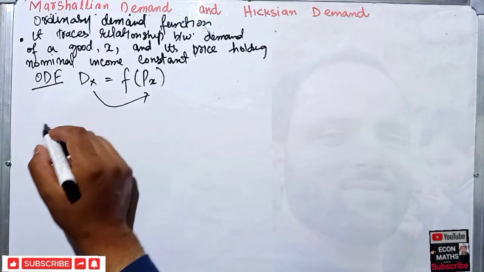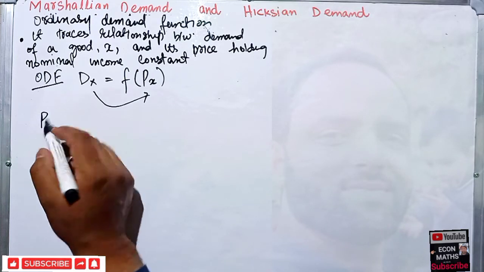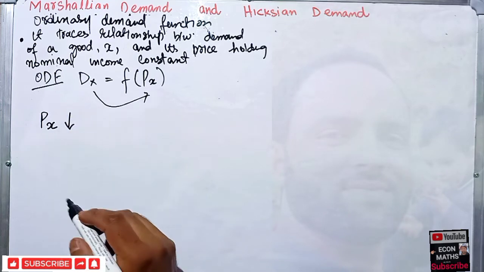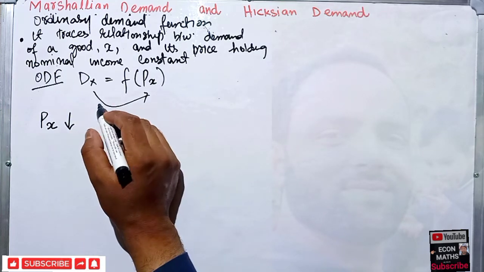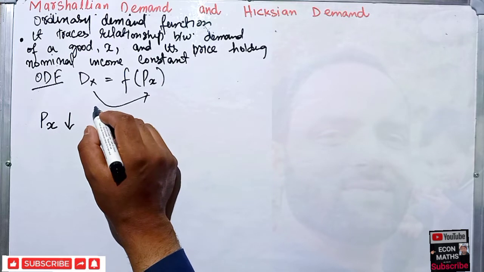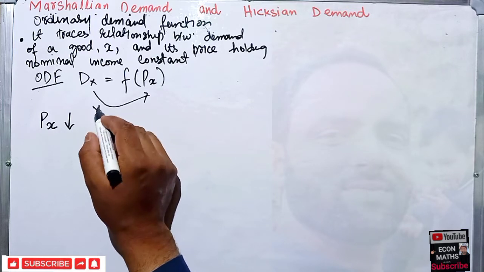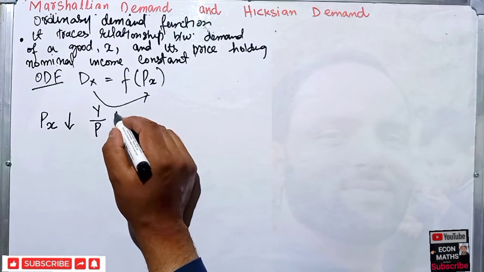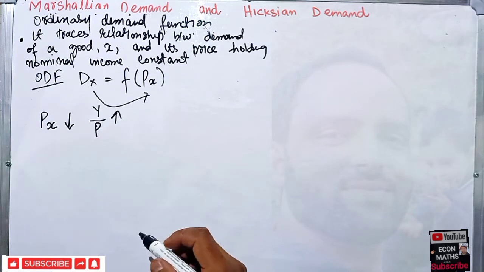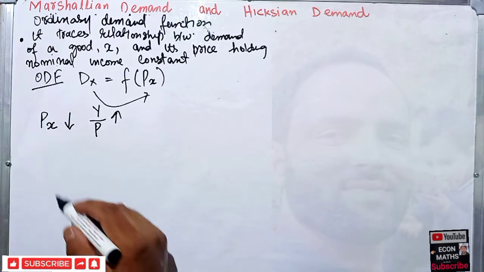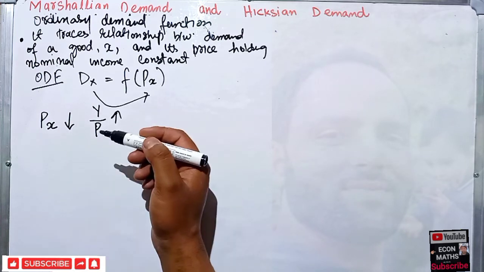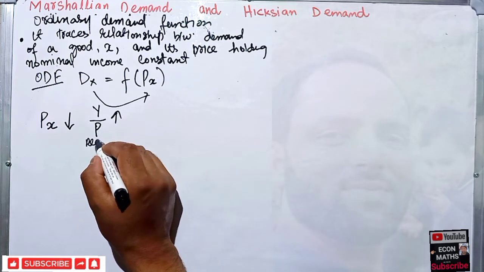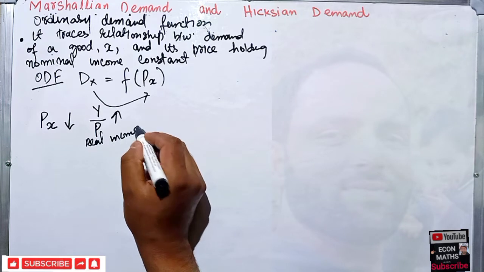Suppose price of good X has decreased. That would mean the real income, denoted by y, if y denotes the income divided by p, will increase. That means if price of a good decreases, the consumer's real income increases.